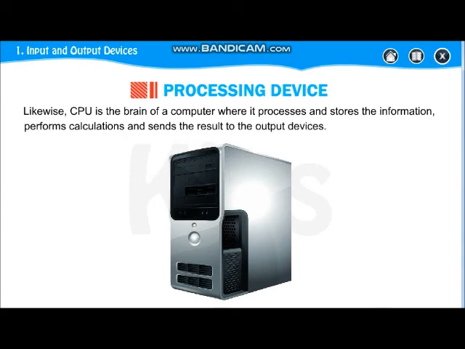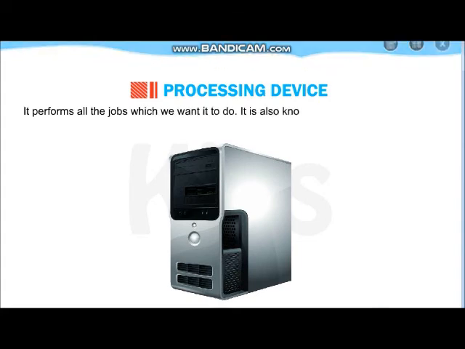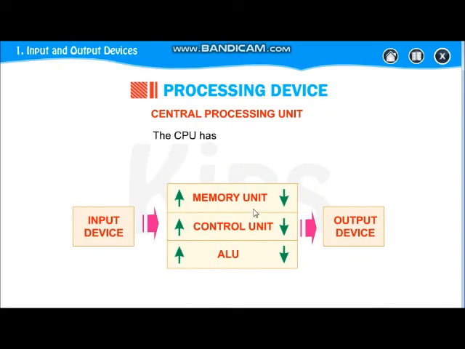The CPU is divided into three parts. First part is your memory unit, second part is your control unit and third part is your ALU. First the data goes through the input devices into the CPU. The memory unit transfers it to the control unit, which transfers it to the ALU. Again, the ALU data is transferred by the control unit, and again the control unit passes it on to the memory unit and the output will be received.